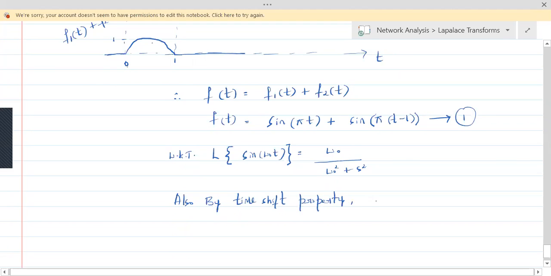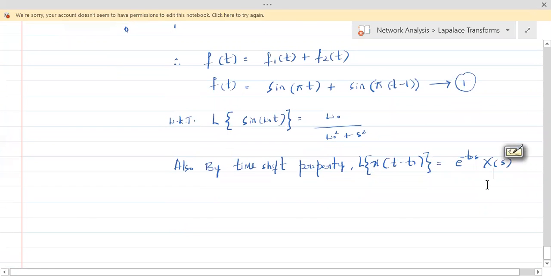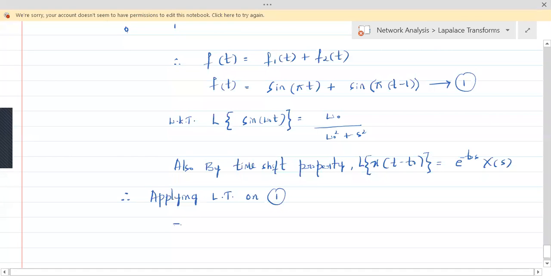If you take x of t minus t naught and apply the Laplace transform on this shifted signal, it would be e power minus t naught s into X of s. So therefore, applying the Laplace transform on f of t implies what?